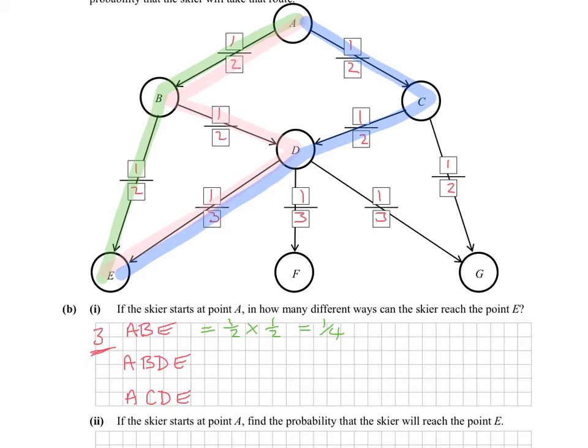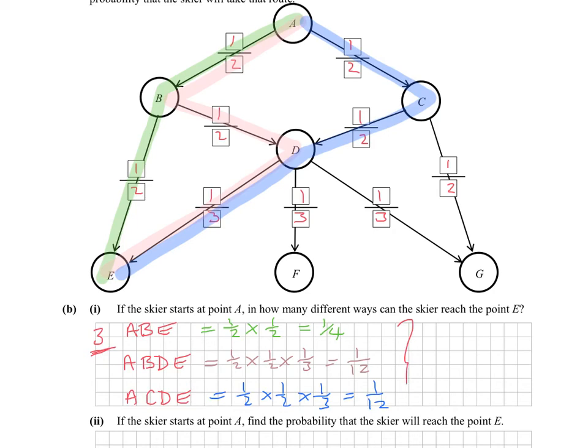Looking at the next one, we have a half times a third, which gives a probability of 1/12. And lastly, for ACDE, we have a half times a half times a third as well. That's also 1/12.